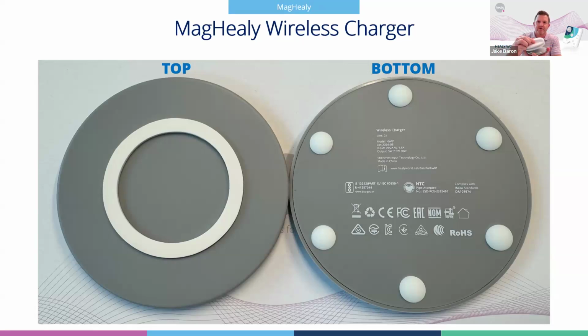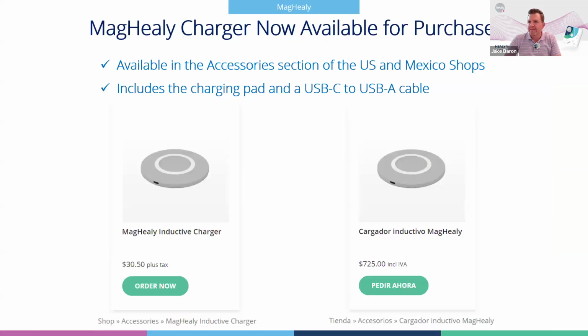So, it fits on both sides, but it will only charge with this side up on top there. So just keep that in mind. You don't like to assume that someone might be doing something wrong, but it's definitely worth checking there, because it does fit on either side.